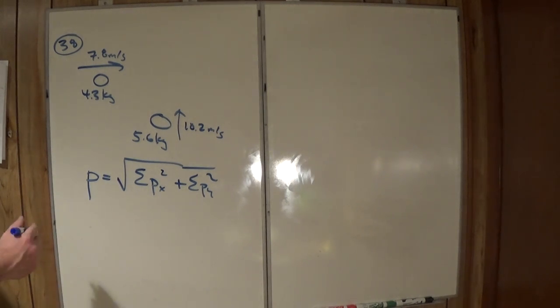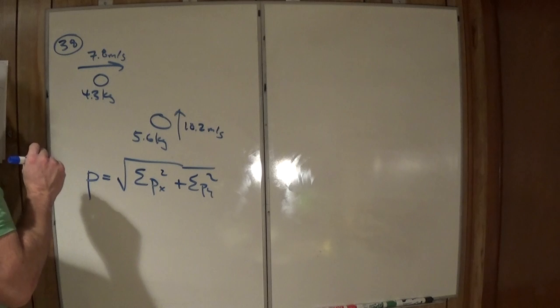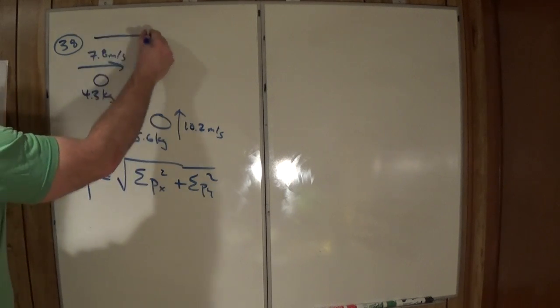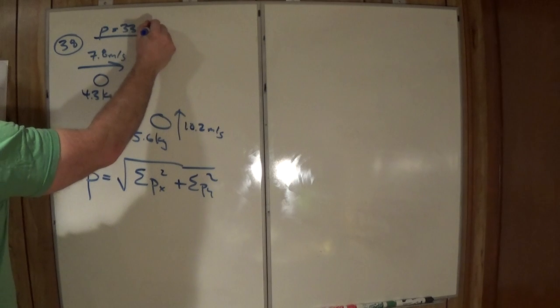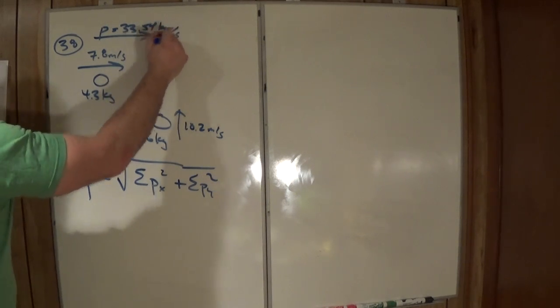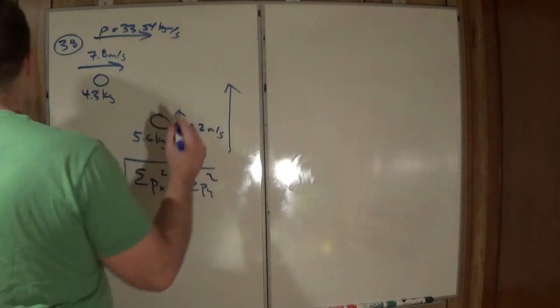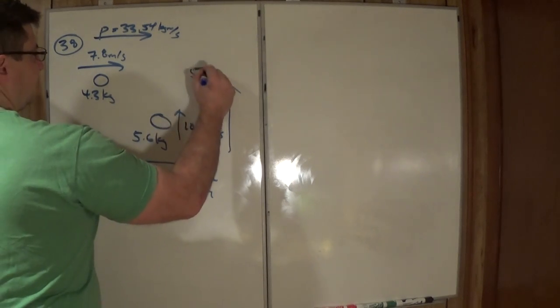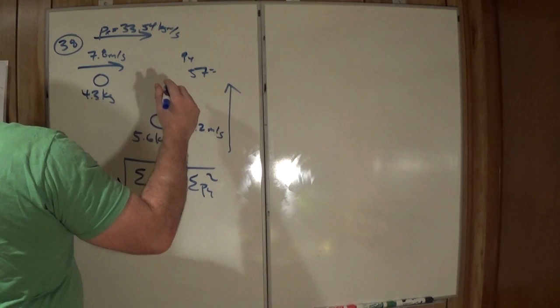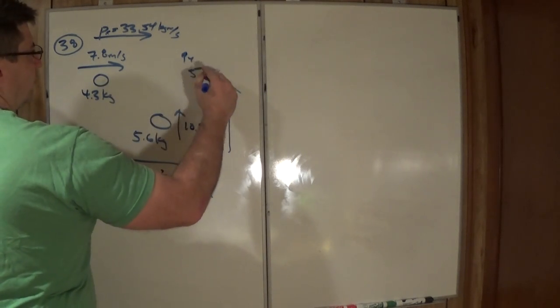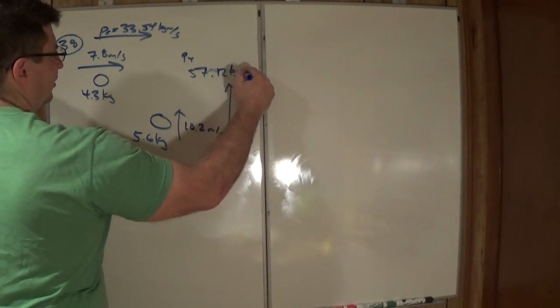So we could find these two momentums. Right? For example, this momentum would be 33.54 kilogram meters per second, and this momentum is 57, call that px, and we'll call this py, 57.12 kilogram meters per second.